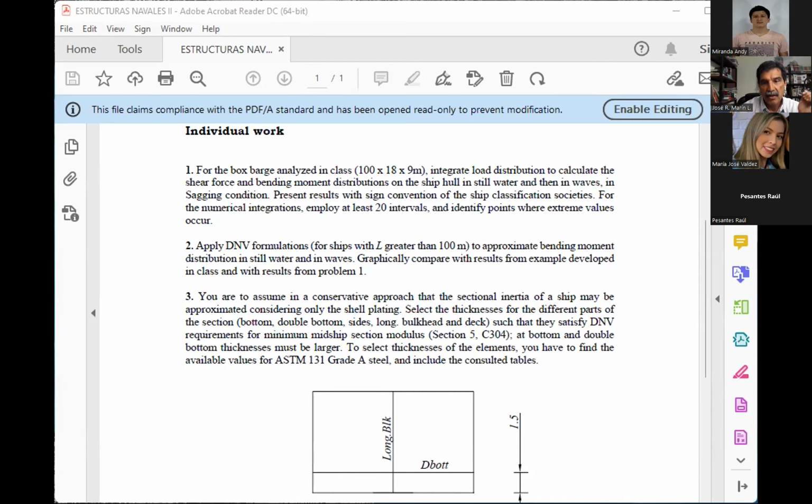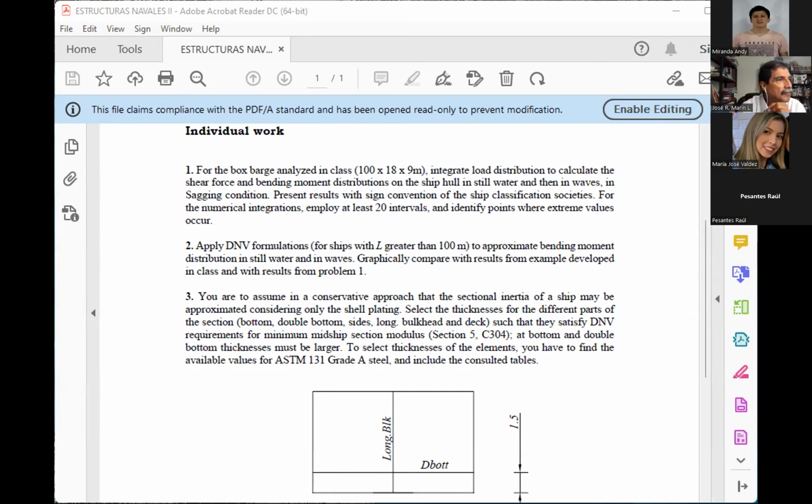Now, if you make some errors in the integration, the curve is not going to close either, for shear force or bending moment. So that is your check. If the curve closes, that means your calculations are correct. If not, you have to review it. And in that process, we learn a lot, believe me.